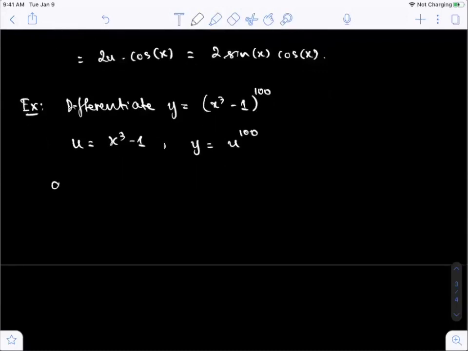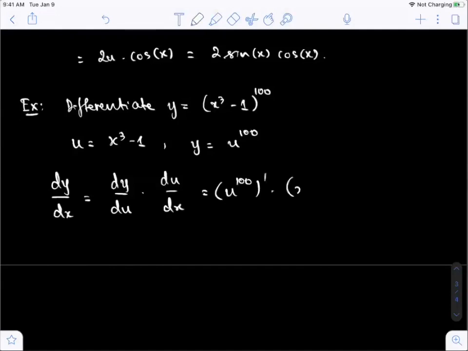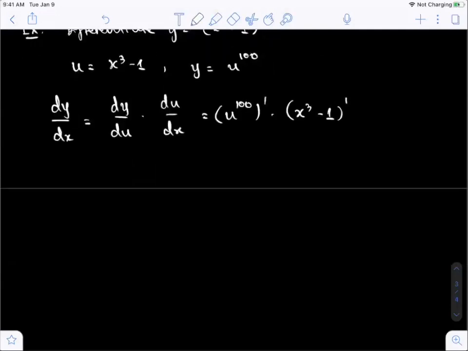The derivative dy dx is equal to dy du times du dx. Once again, dy du is the derivative of the outside part, and du dx is the derivative of the inside part. So dy du is u to the 100 prime times du dx, which is x cubed minus 1 prime.